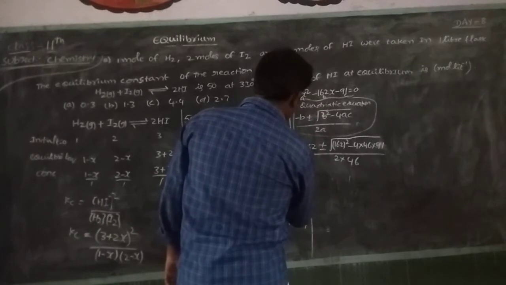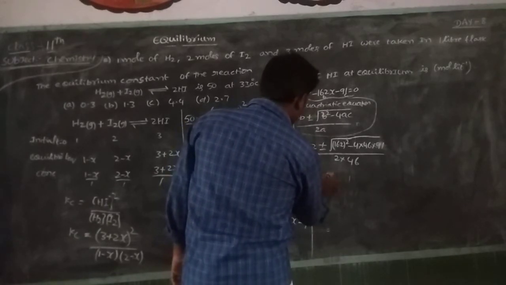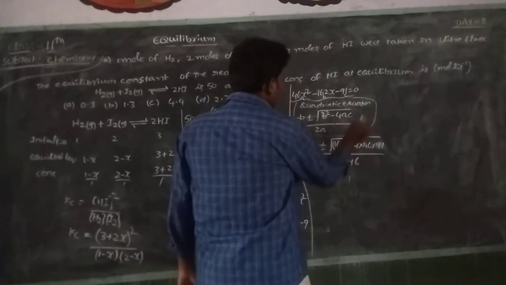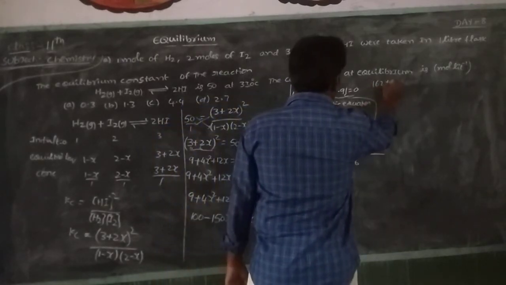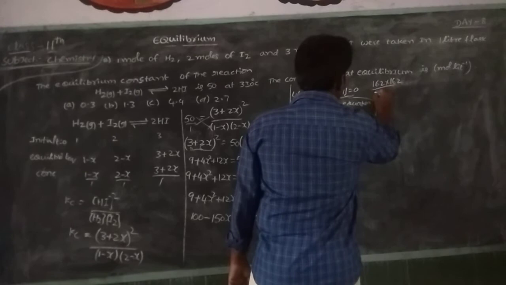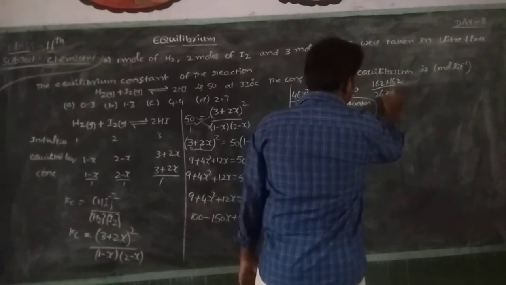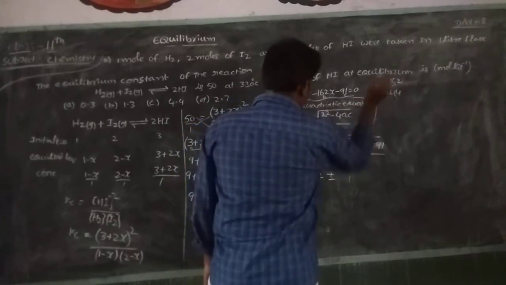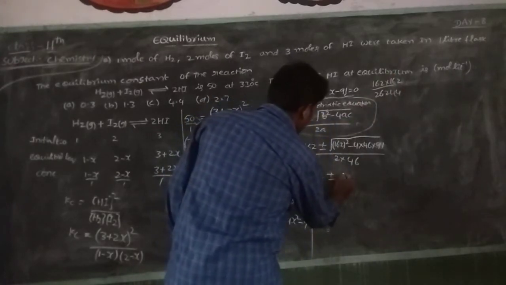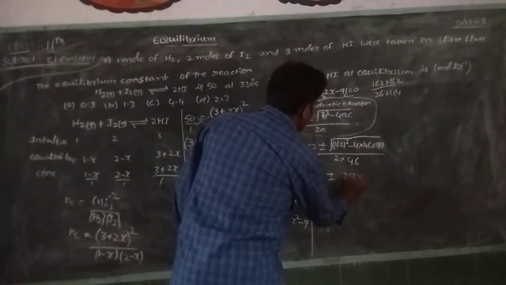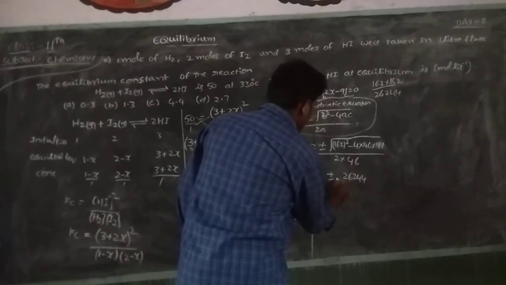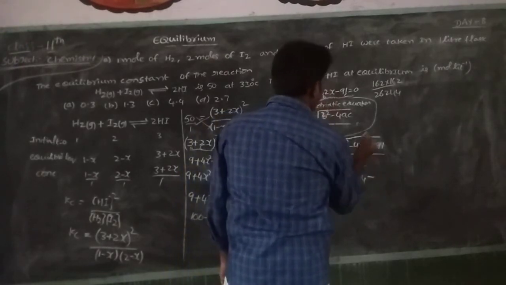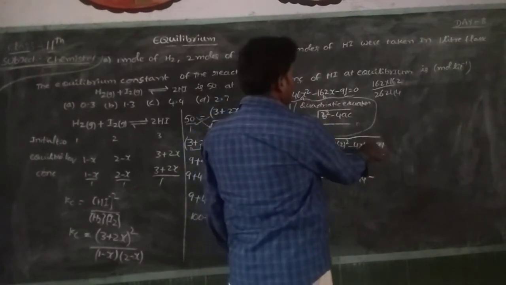Then 162, we have to calculate the 162 whole square. 162 into 162 is 26244. And another one, minus 4 into 46 into 91.